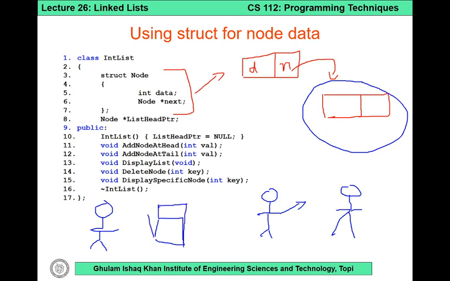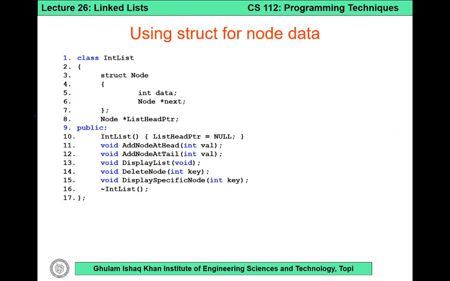Even this box is difficult to make. But if this person is pointing towards this box, it's not self-referential, right? But this one is self-referential because one human is pointing towards another human, right? So that is why we call linked list a self-referential data structure where each node points to another node, right?